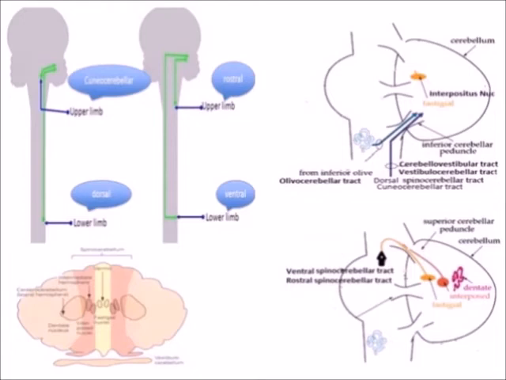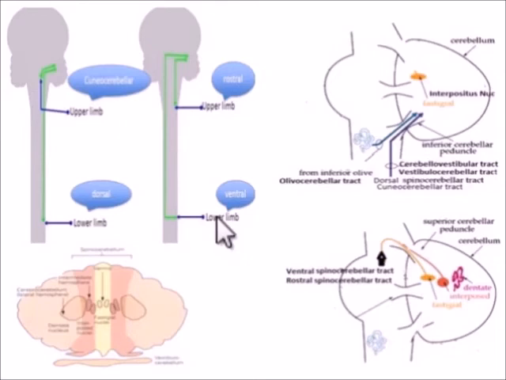If I summarize here, I said that from the lower part of the trunk and lower limbs arises anterior spinocerebellar tract and posterior spinocerebellar tract.